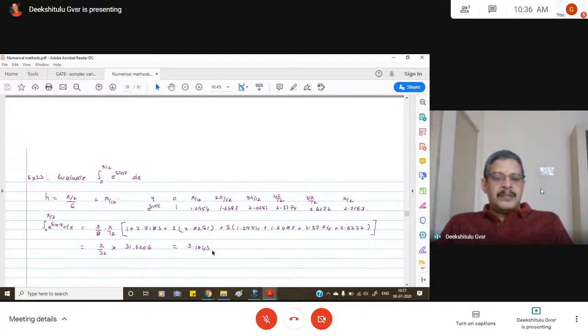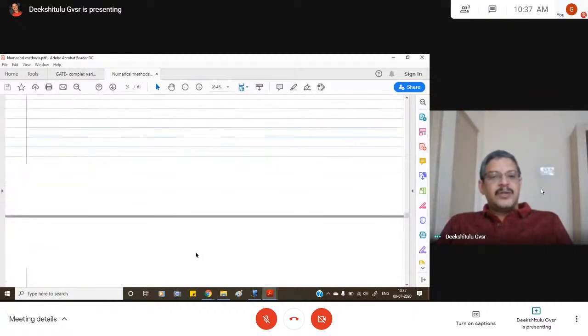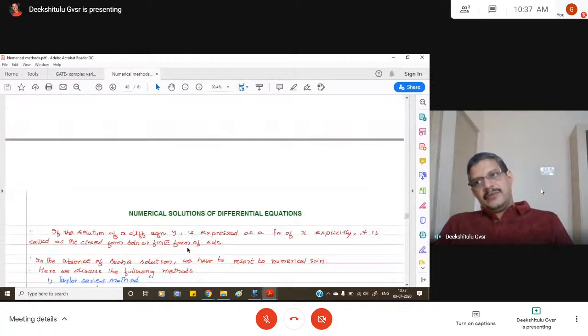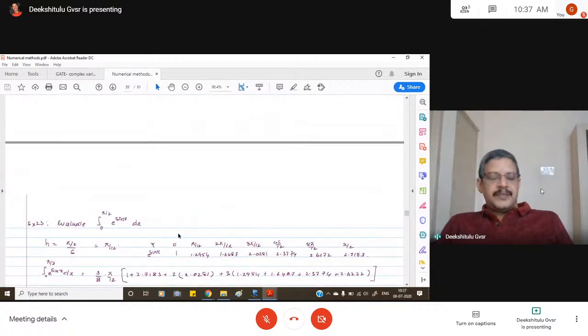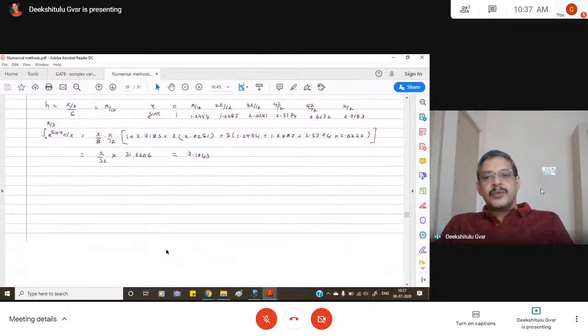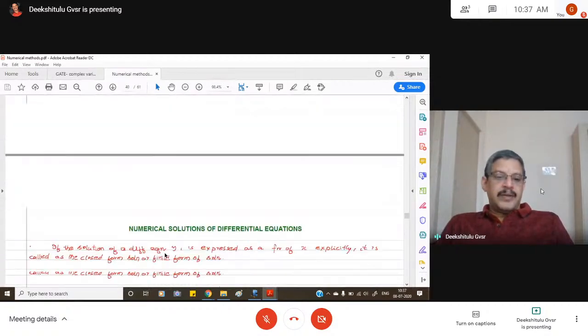If you calculate this, you get 3.1043 as the answer. So that's what we do in numerical integration, Simpson's and trapezoidal rules based on the Newton-Cotes formula.